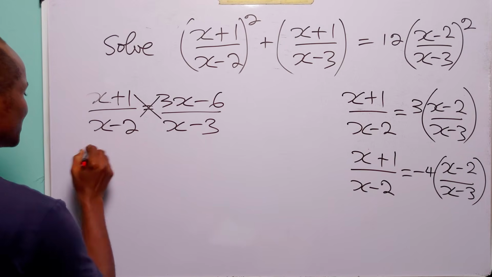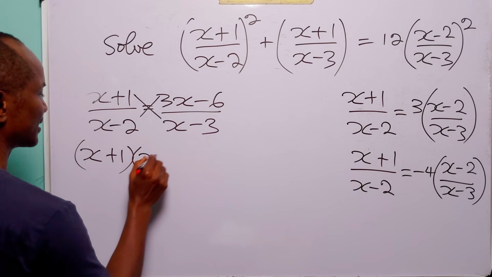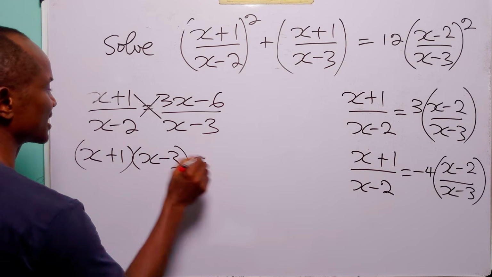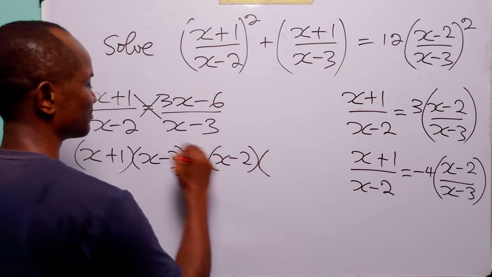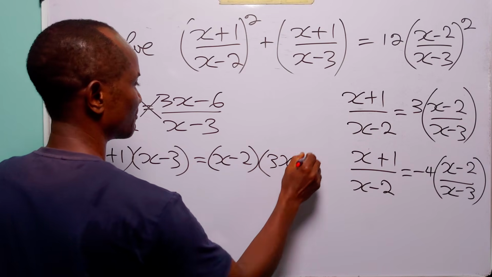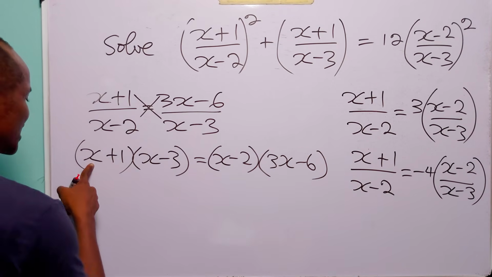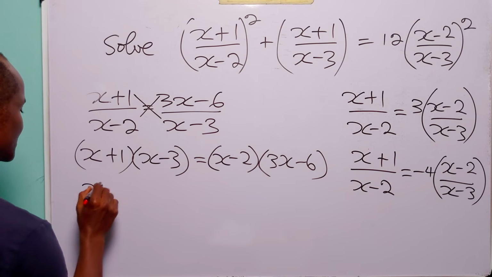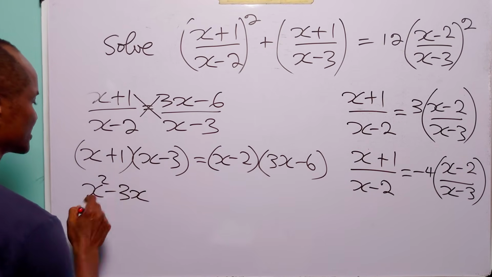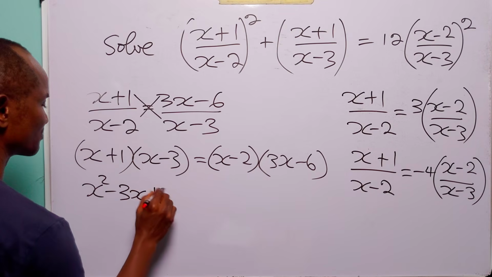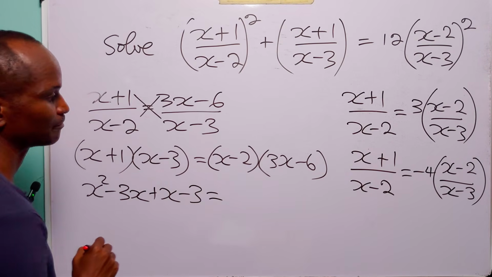When we do that, we have that x plus 1 multiplied by x minus 3 is equal to x minus 2 multiplied by 3x minus 6. When we open this bracket, we have x times x, which is x squared. x times minus 3 is minus 3x. 1 times x is plus x, and 1 times minus 3 is minus 3.